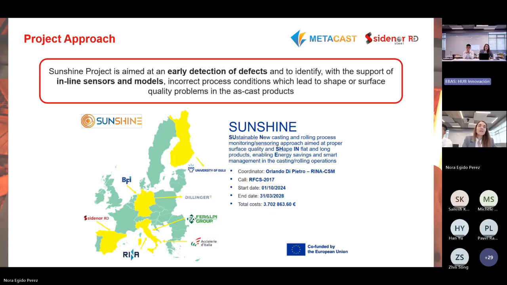From the academia and research centers, we find BFI from Germany, the University of Oulu, which is contributing to this presentation, and finally RINA, which is coordinating the project. This project is coordinated by Orlando Di Prieto.